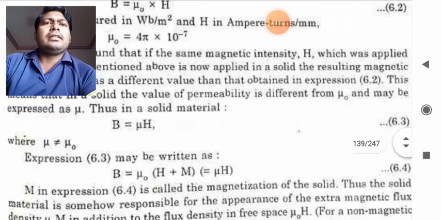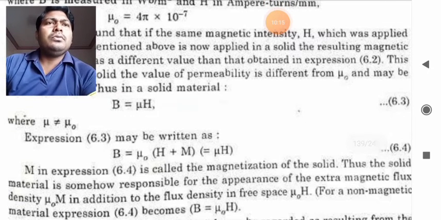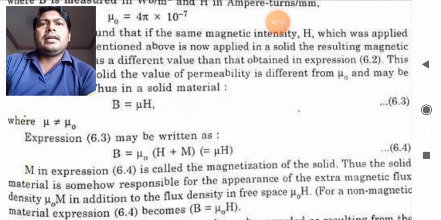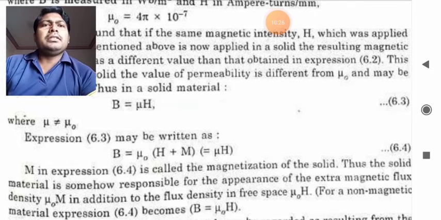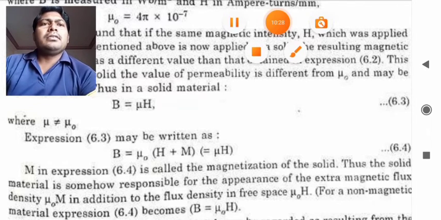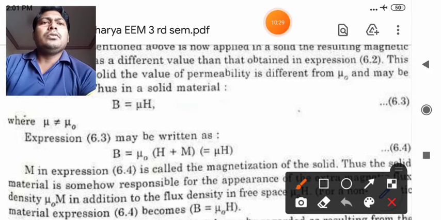Thus, in a solid material, B is equal to mu into H, where mu is not equal to mu naught, and this may be written as B is equal to mu naught into H plus M.